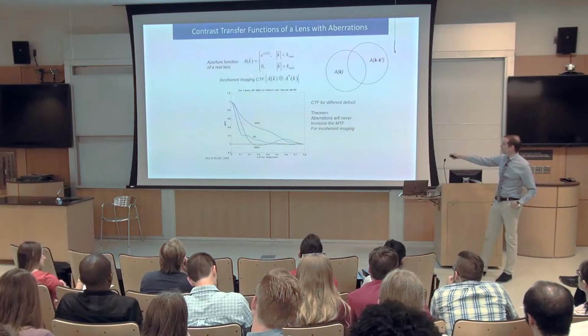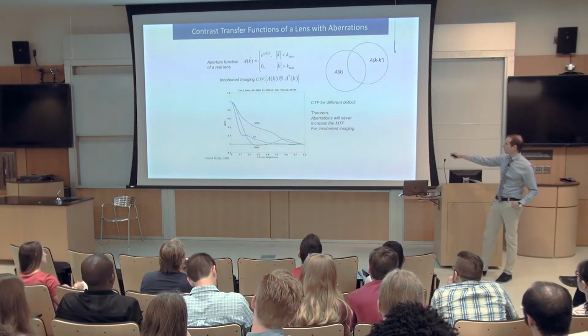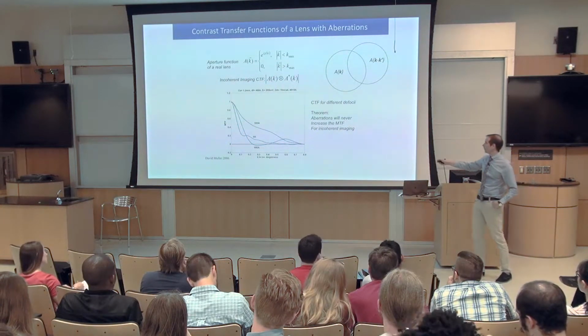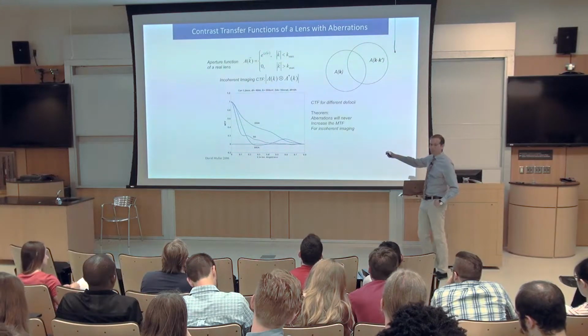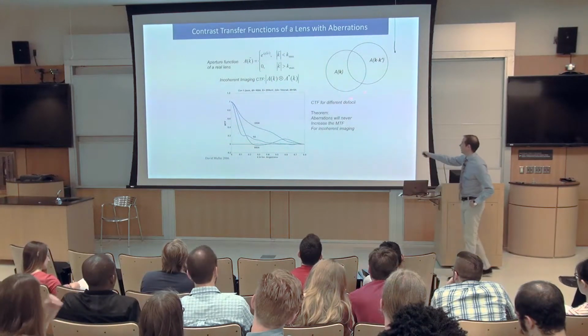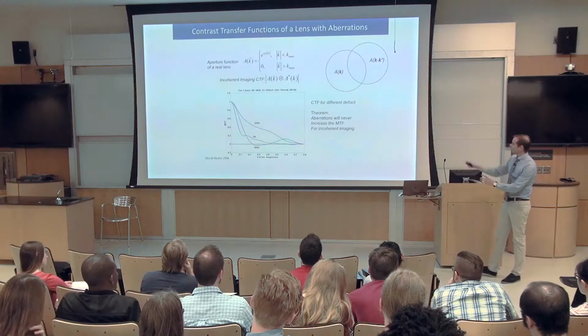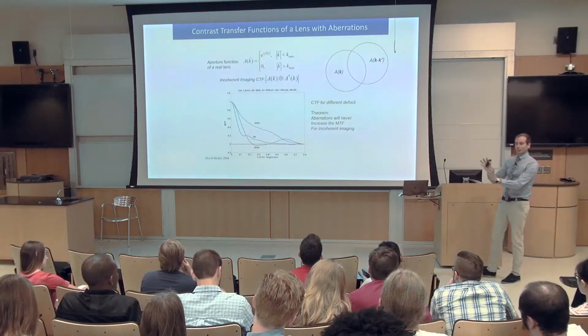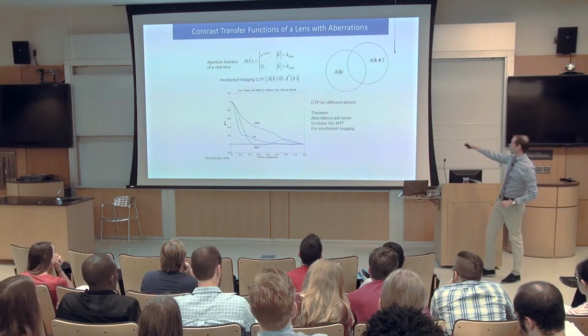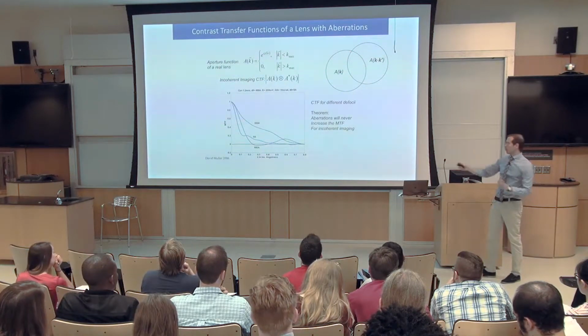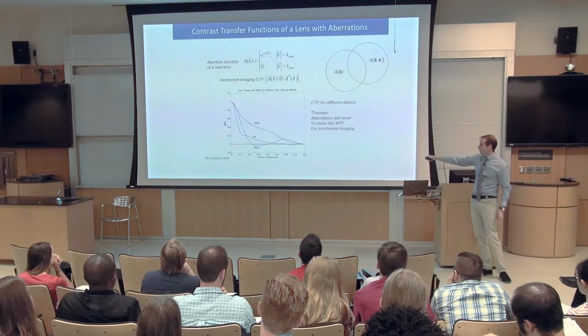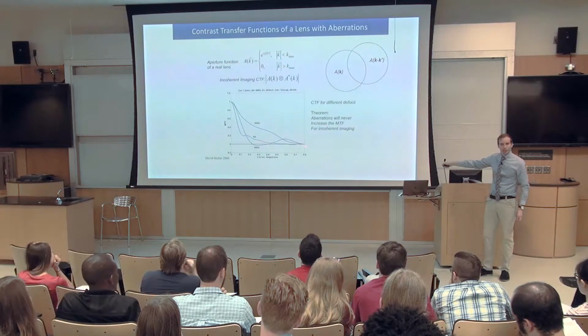In reciprocal space, our contrast transfer function is a convolution of this function with its complex conjugate. If we just ignore the phase terms for a second and we just think about that in terms of a disk, we have one disk and we're convolving it against another disk. So we're pulling these two disks apart, and our overlap region gets smaller and smaller. So we go from perfect overlap down to 0.